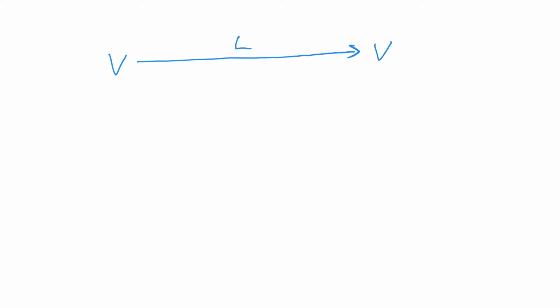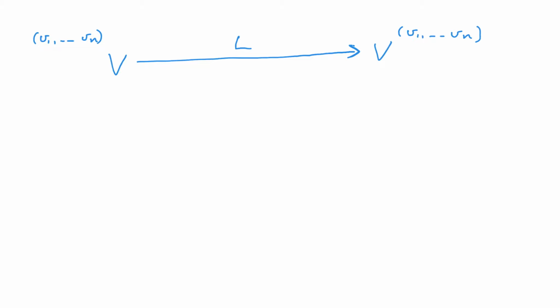How did we determine the matrix of a linear transformation? To determine the matrix of a linear transformation, we have to fix a basis of the domain and codomain. And in this case, we are fixing the same basis, say v1, v2, v3, up to vn, on both the domain and the codomain.